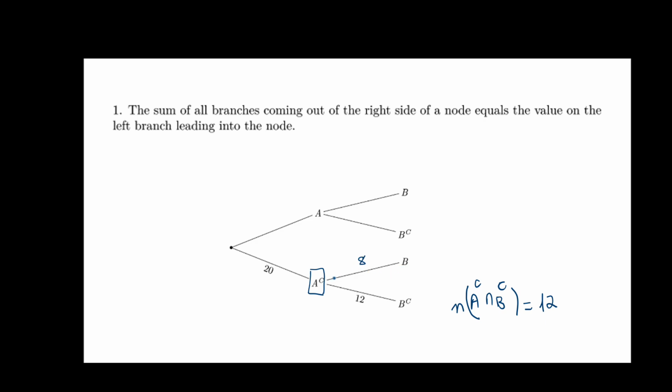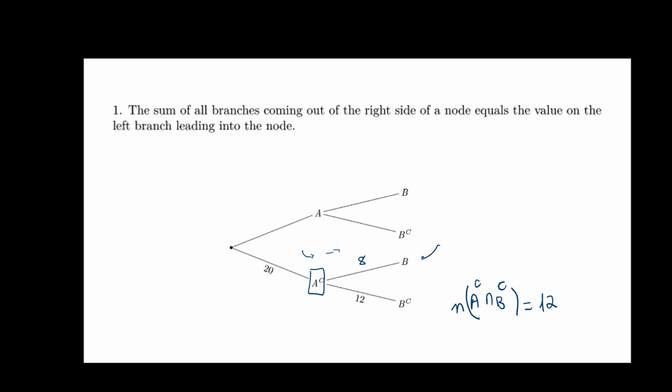Okay? Why? Because 20 must be the result of whatever's coming out of this node. Whatever's coming in needs to come out. So 20 is equal to 8 plus 12.